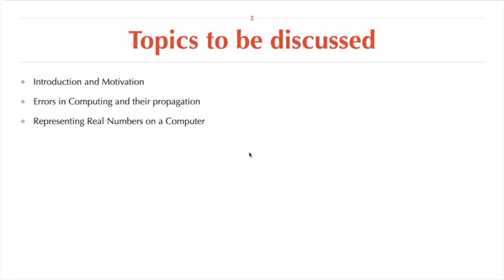I'll first introduce and motivate you: what are errors and why you should be concerned about these things, and then how you compute errors, and also about their propagation. So how do the errors propagate? Perhaps you know about it already, but just for completeness' sake, I will say about this as well.